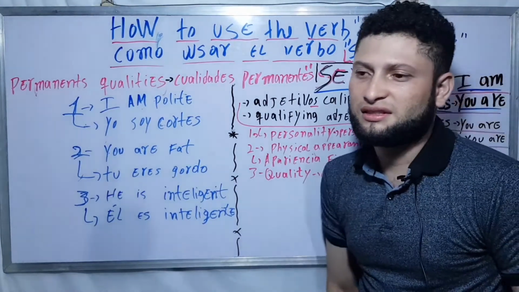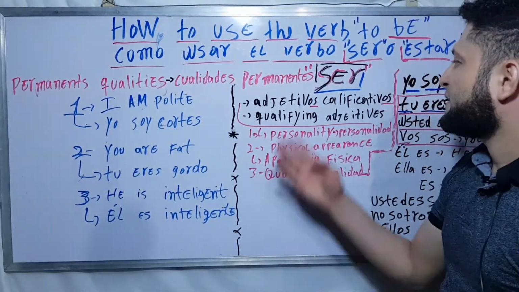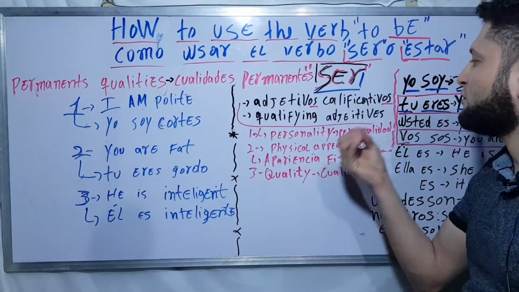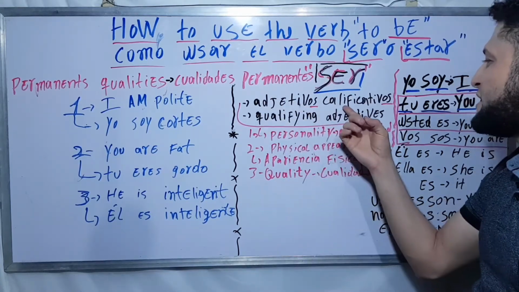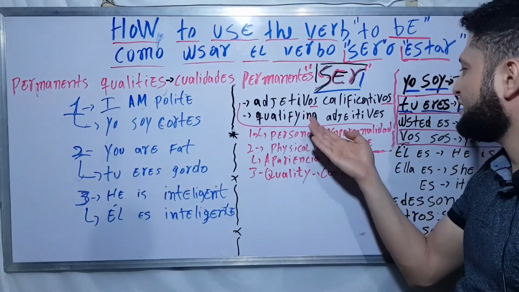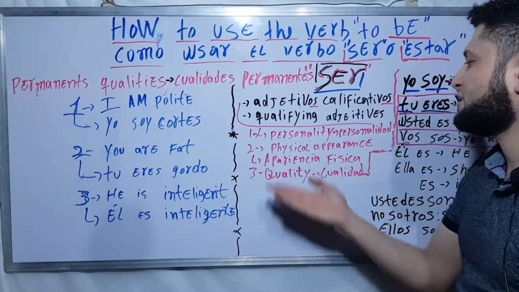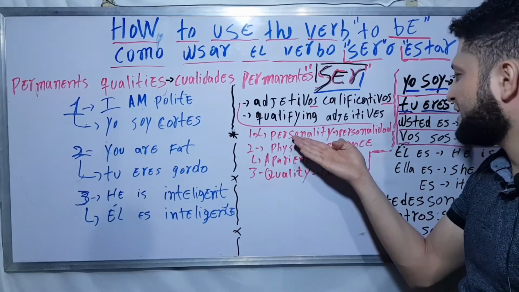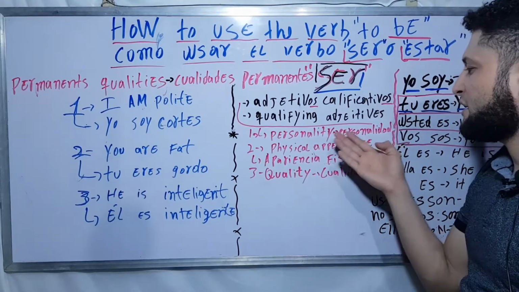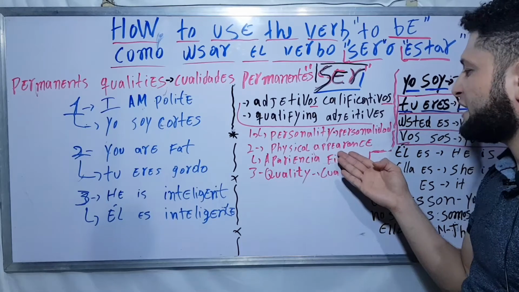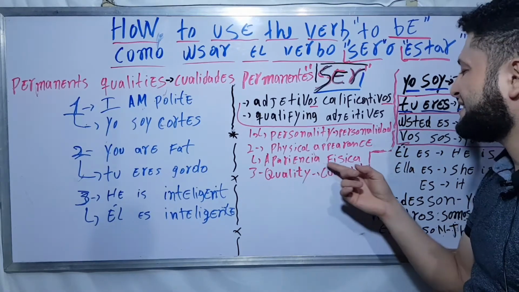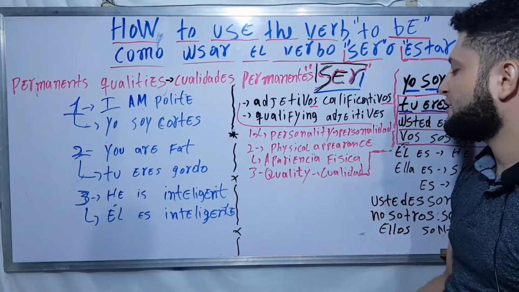The first thing that I will show you about the verb ser is that you need to use it with adjetivos calificativos, in English qualifying adjectives, which means you use it when speaking about personalidad, personality, as well as apariencia física, physical appearance, and certain quality.